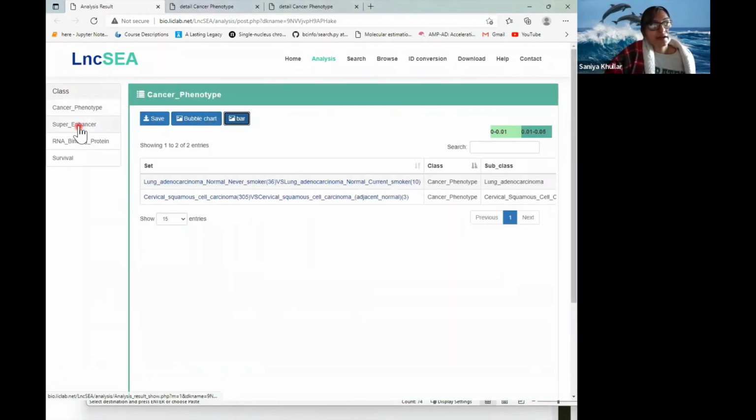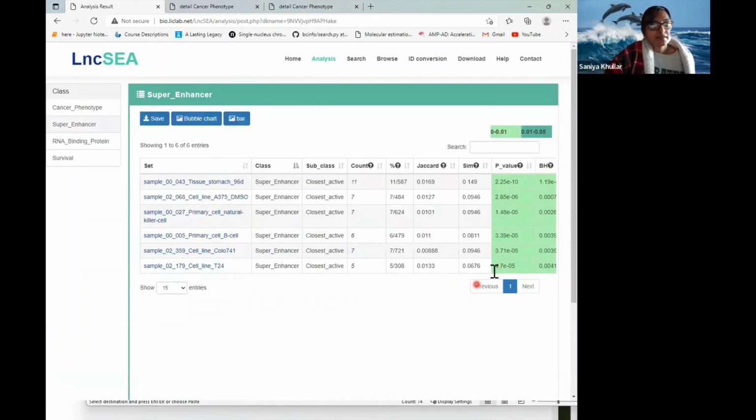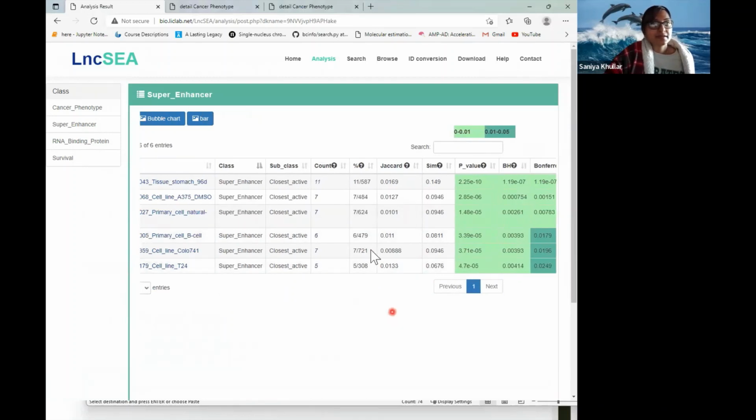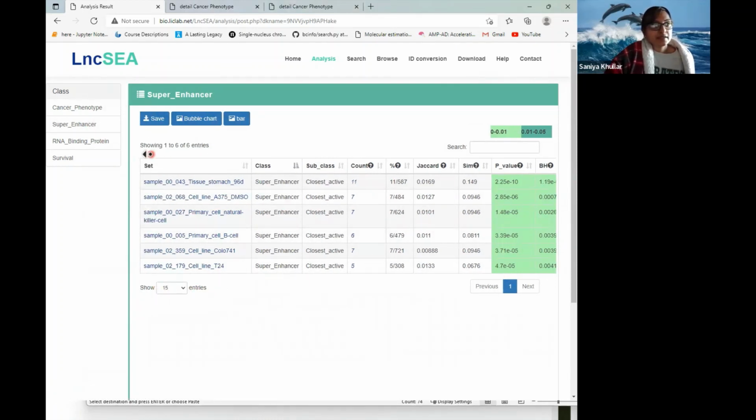We can also look up the super enhancers and, for this list of 74 as well, see the overlaps that are there, 11 out of 587. That's quite a lot of significance for these super enhancers.